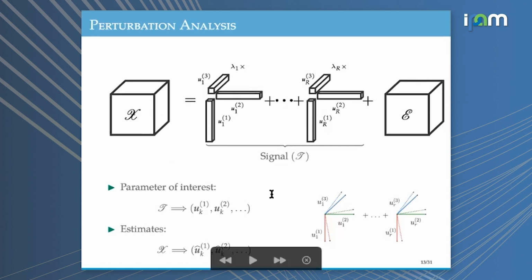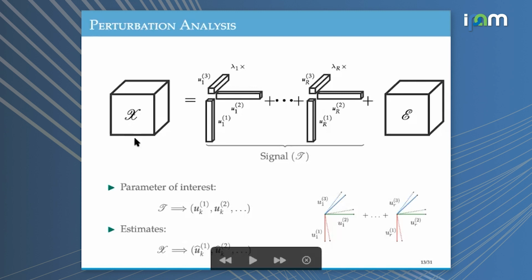Well, usually what happens is the following. From the true signal, if it's orthogonally decomposable, then basically all these U's and the lambdas are uniquely defined. So let's just say these are my singular vectors. And from X, I want to derive an estimate. And here it's a little bit unclear how you derive these estimates. I will explain in just a little bit.